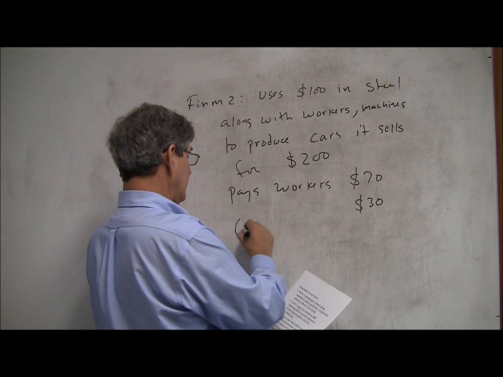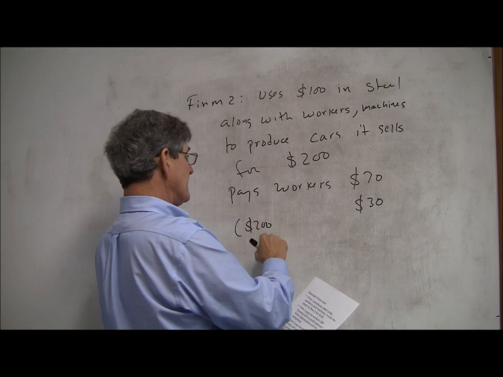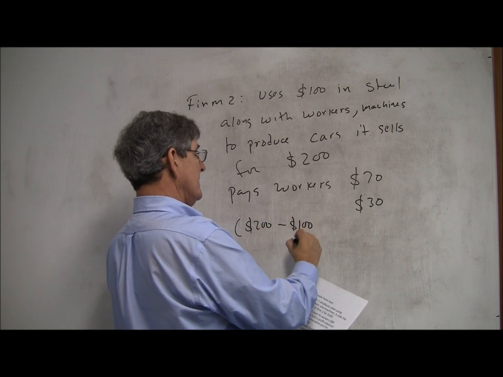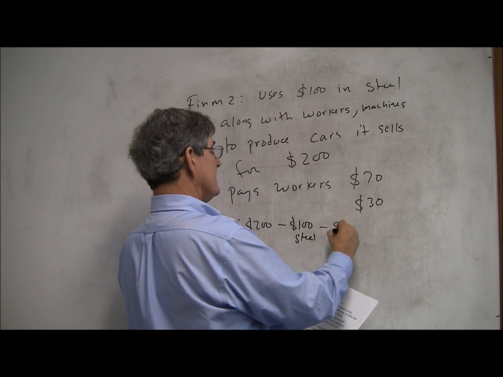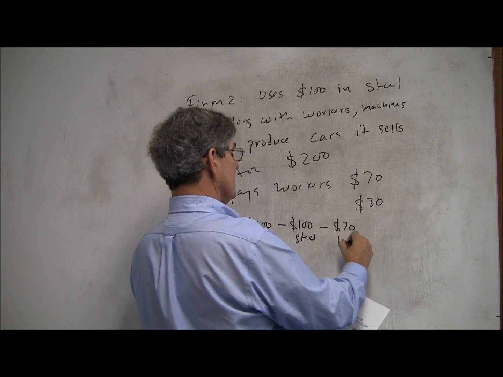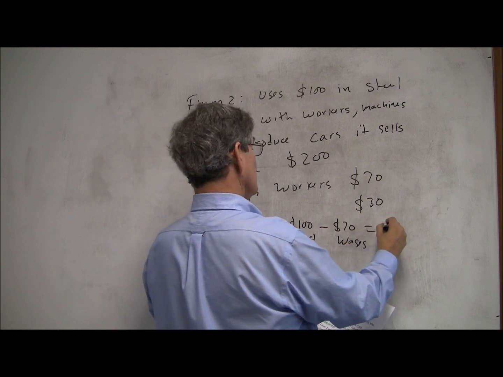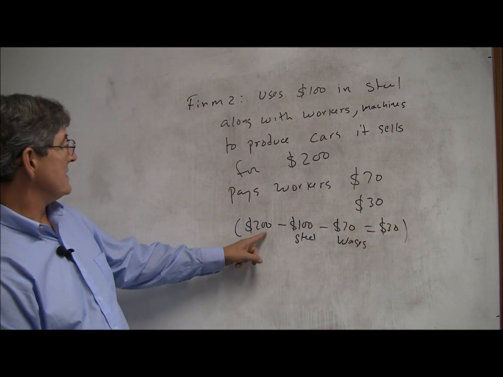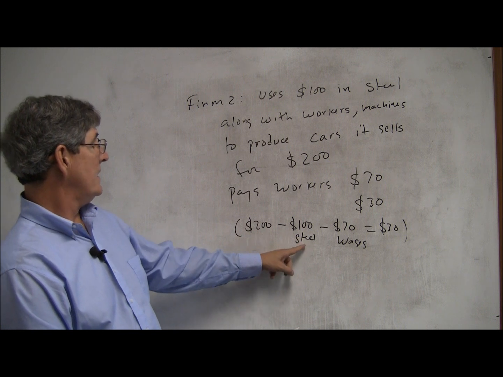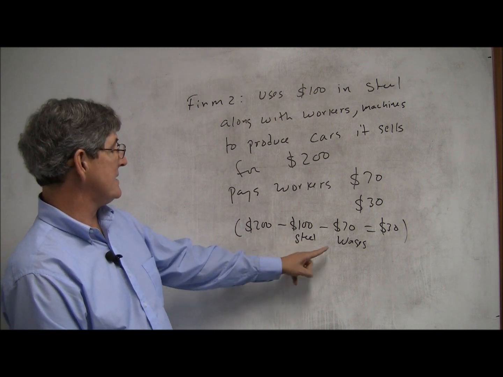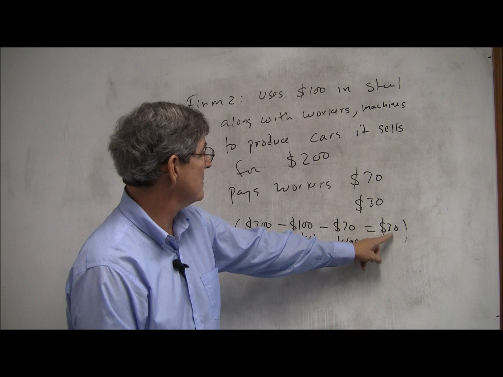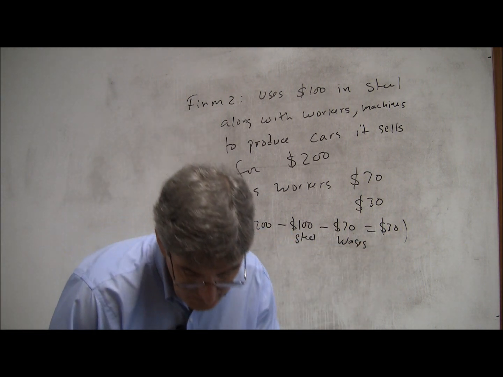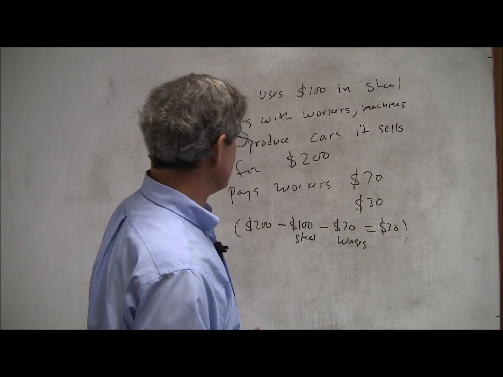It's the 200, that's what it sells its stuff for, minus the 100 for steel, minus the 70 for wages, equals the $30 in profit. So there's the output it sells. Here's its input cost. It paid that much for the steel, paid that much to the workers, so what's left over is 30. Okay? So now what is aggregate output is the question.